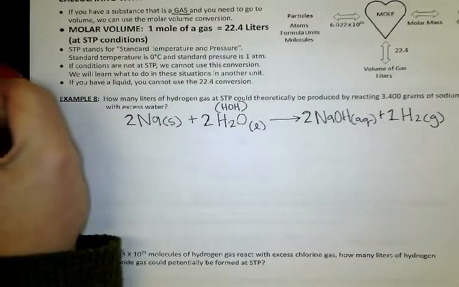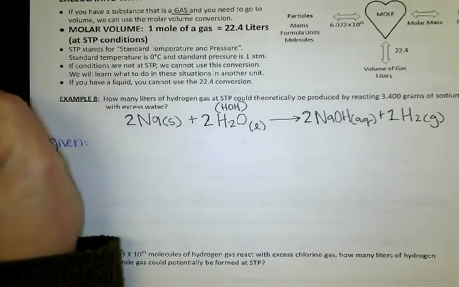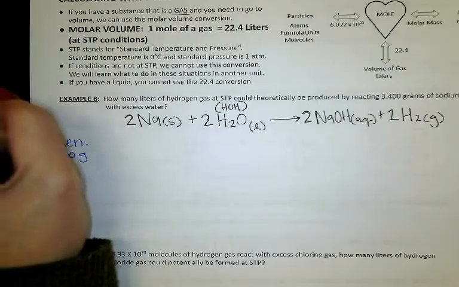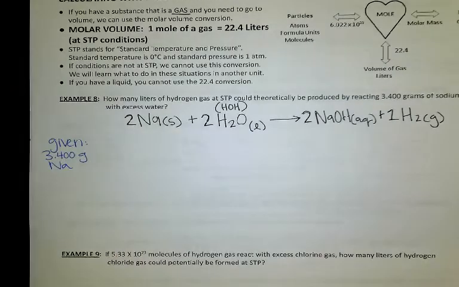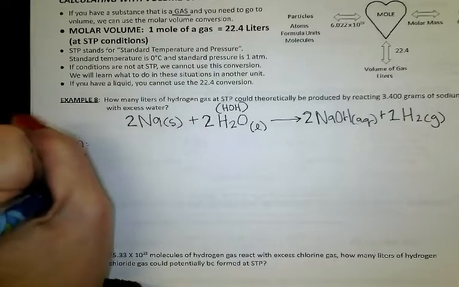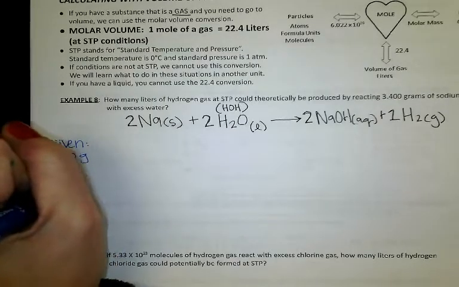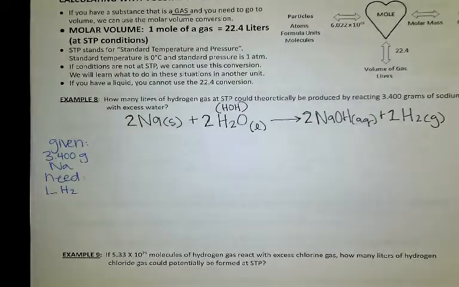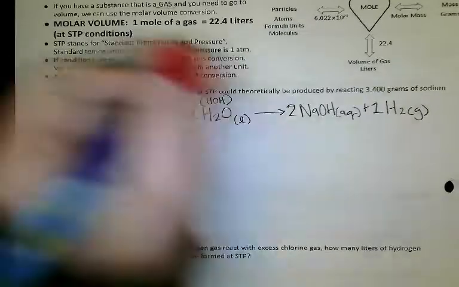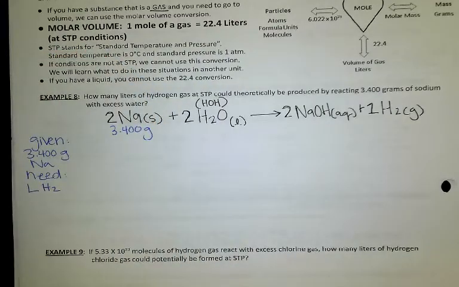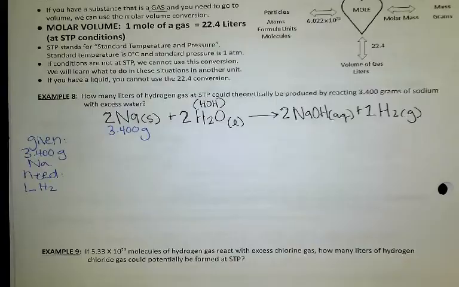We are given 3.400 grams of sodium. That's our given. And it is asking for liters of hydrogen gas. So we're starting with 3.400 grams of sodium, and we need liters of hydrogen gas.